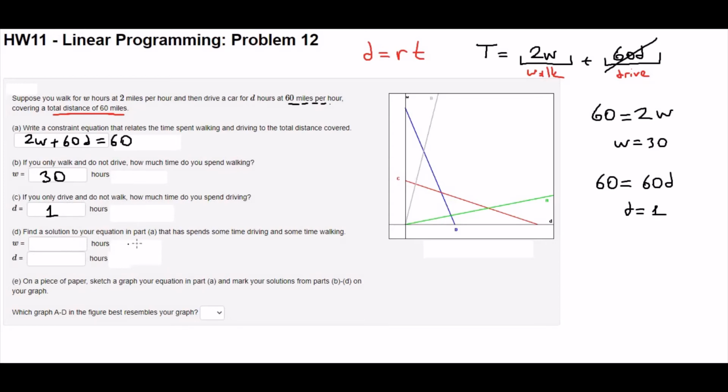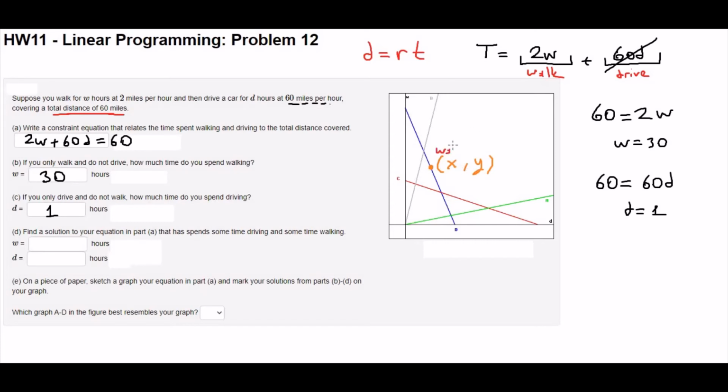Find the solution to your equation in part A that has spent some time driving and some time walking. So the graph of this scenario looks like D here, the blue line, and the x coordinate of any point on this line refers to walking hours, and any y coordinate on this line refers to driving.